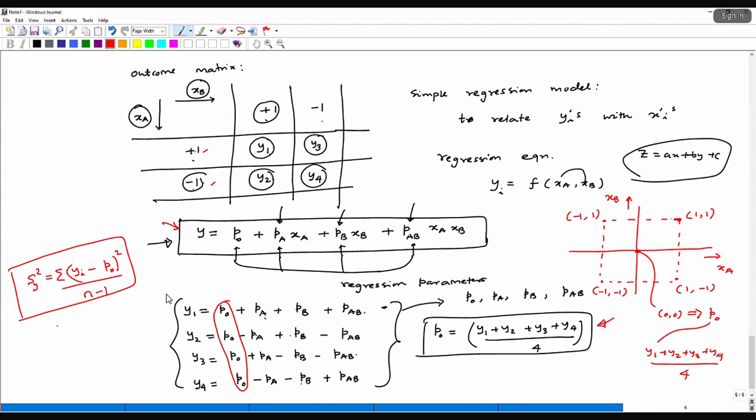Now, depending on this, here we have, let's say, 4 parameters: y1 minus p naught squared over n minus 1. Similarly, y2 minus p naught squared over n minus 1. So you have basically 4 different terms on the right hand side. Whichever is higher, that term would have the highest influence on the outcome.